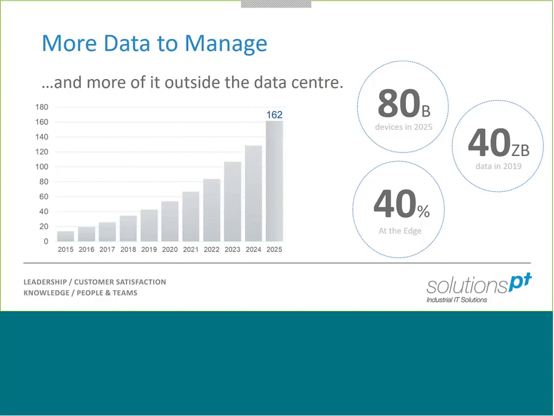And you can see that by the year 2025, we're predicting that there's going to be 162 zettabytes of data, so a huge increase. To put that in contrast, in 2019, there's 40 zettabytes of data, so that's only a year away. But what's interesting is that 40% of this data is expected to be collected and computed locally at the edge level.